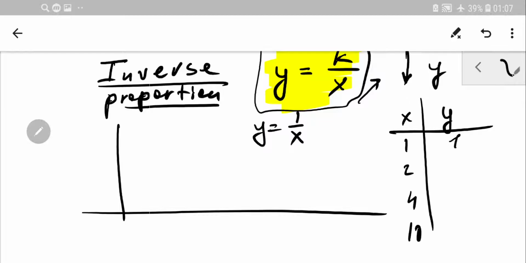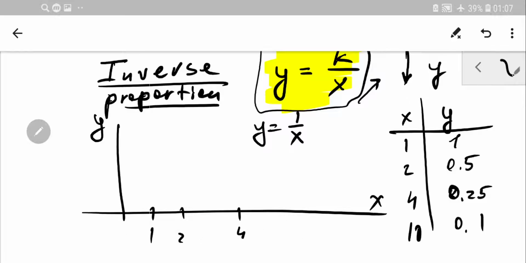So y is 1, then 0.5, then 1 over 4, so that's basically 0.25, right? 1/4. And 1 over 10 is 0.1. So what it means is that if you have values 1, 2, let's say 4 and 10, your y is going down, all right? It's falling.